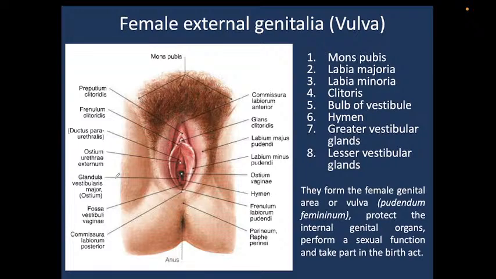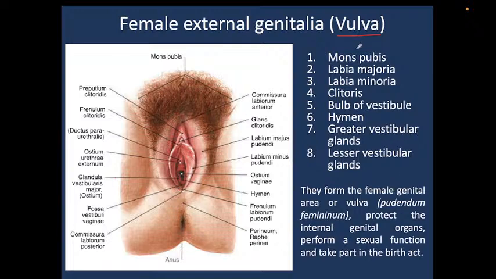And let's see what organs are in the group of female external genitalia. Sometimes the name for the external genitalia is vulva. It's a common name for all the external genital organs located in the female perineum.